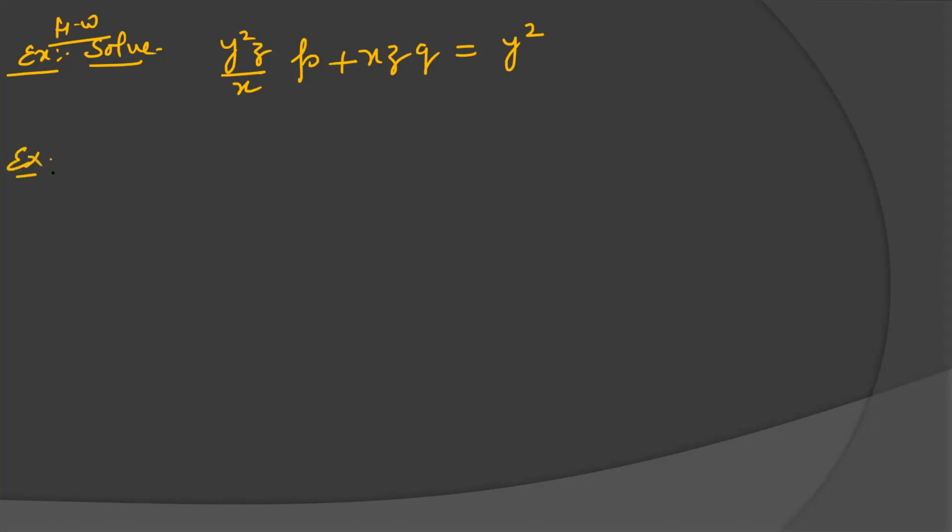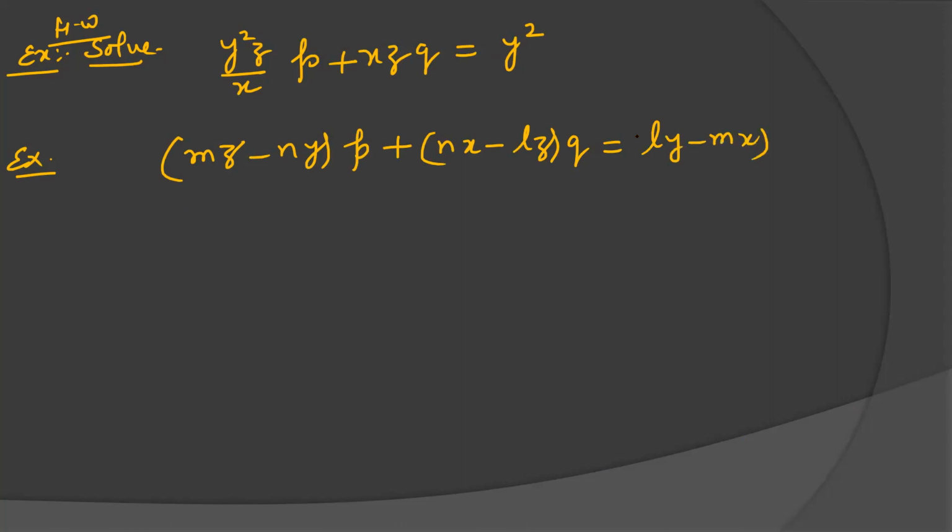Next example. (mz minus ny) into p plus (nx minus lz) q equal to ly minus mx. This is a very good problem and it is asked several times.